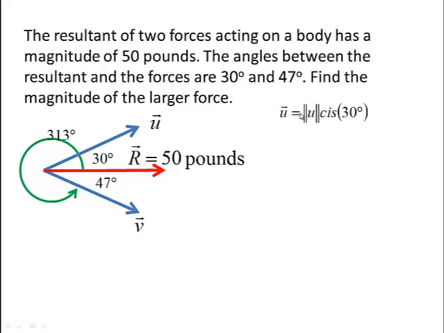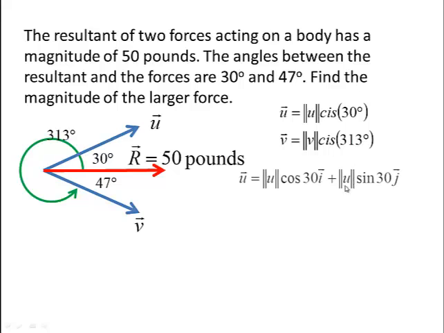So u is going to be the magnitude of u times cosine and sine of 30 degrees. And v is going to be the magnitude of v, which we don't know. The magnitudes of these two forces are variables that I have to keep here, with 313. So writing out the cis formula, we get this for these two.